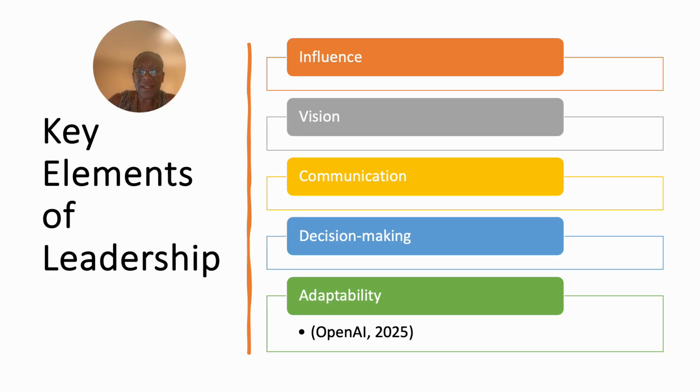Another element is vision. Leaders usually provide a clear vision or direction for the future. What is the home care services? What will it look like in about a year, 2 years, 3 years, 4 years, 5 years? They will speak clearly about what success looks like and inspire others to work towards that success.